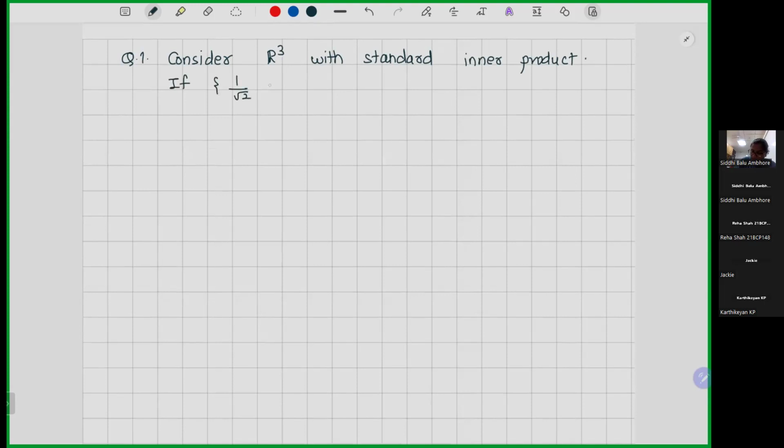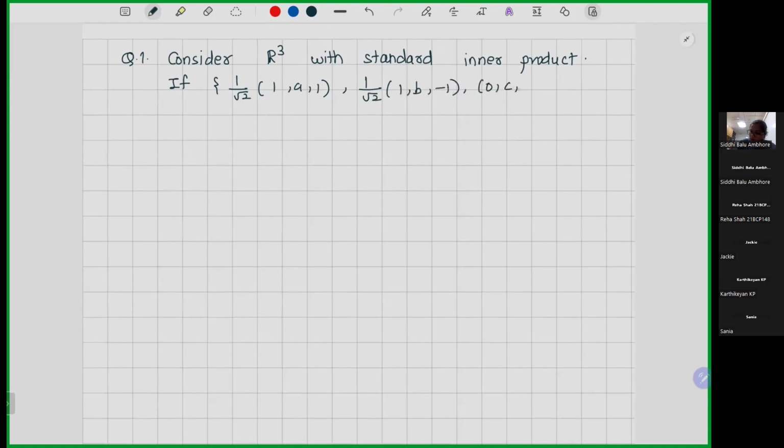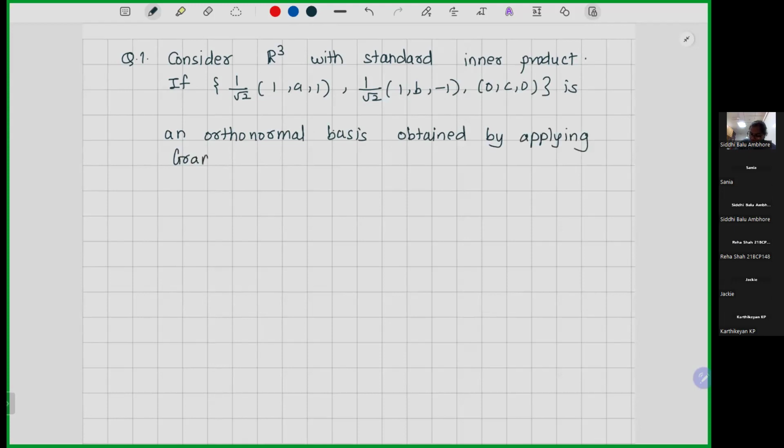If (1/√2)(1, a, 1), (1/√2)(1, b, -1), (0, c, 0) is an orthonormal basis obtained by the Gram-Schmidt orthogonalization method applied to the basis (1, 0, 1), (1, 0, 0), (2, 1, 0) of R3.